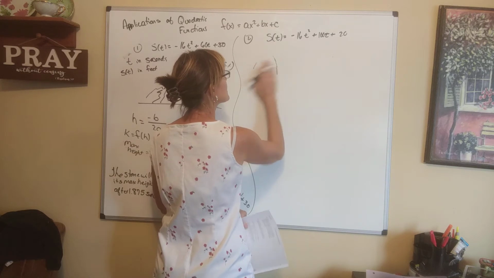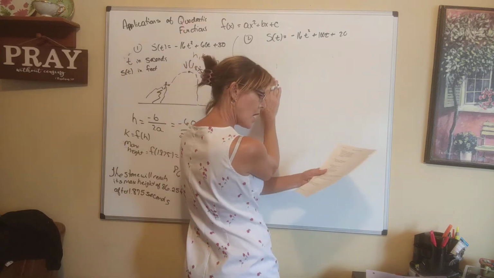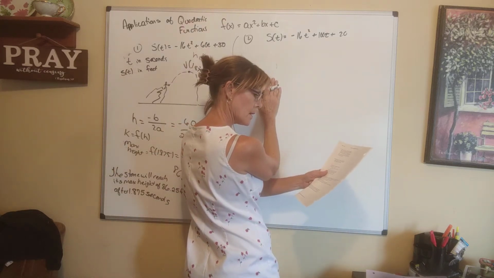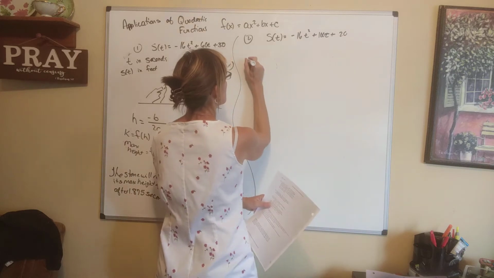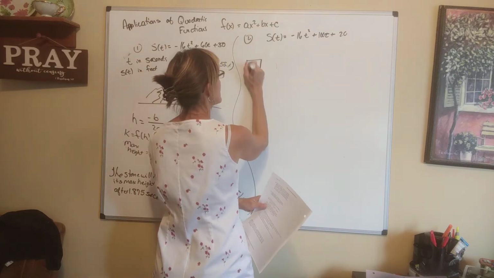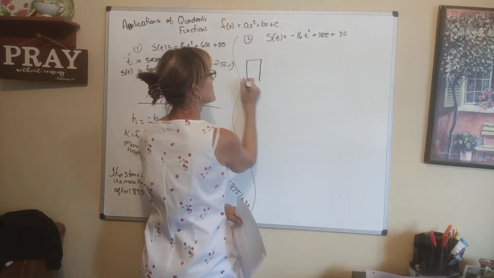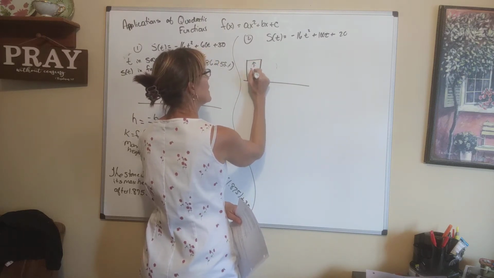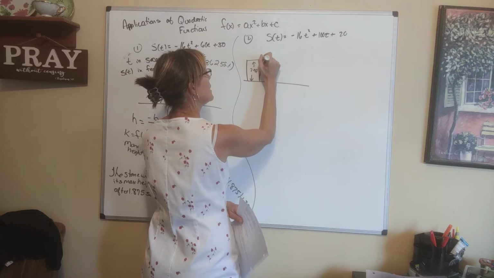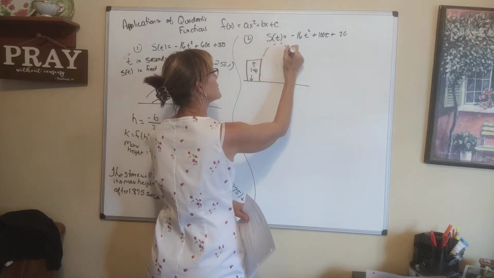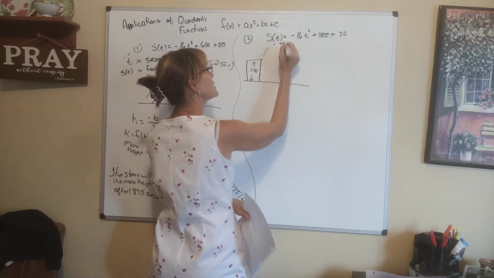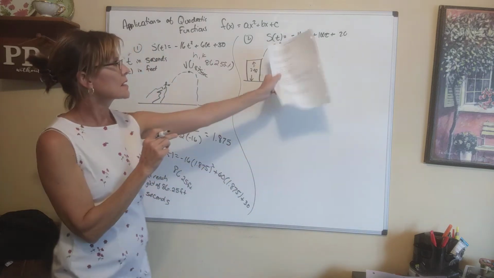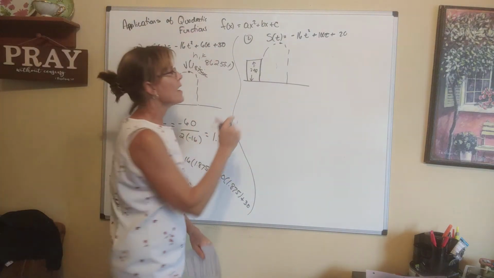So let's see. It's launched from where? From a height 20 feet high. So I don't know. It's on some kind of stand. Let's say it's on some kind of stand that's 20 feet off the ground, right? This is 20 feet high. Okay. And so then our rocket is launched. It goes up and it comes down, and it has a similar look to this other guy because it's got a negative a value.